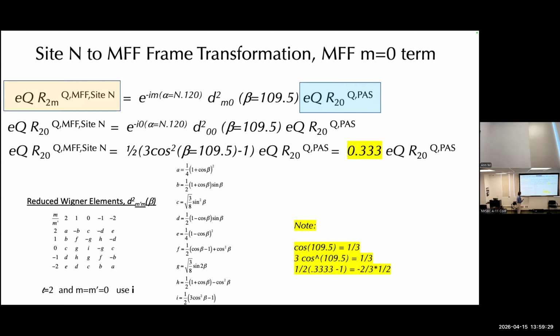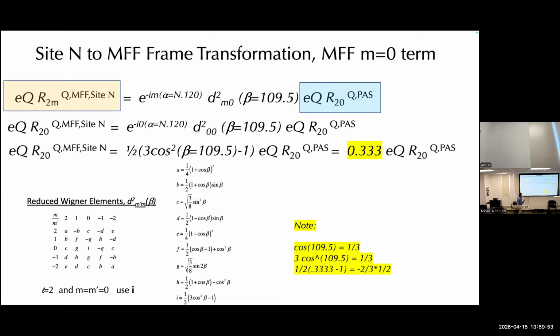Now, D2, if m equals 0, that's the 0, 0 term, I need to use the friend P2 cosine theta. So I just have to plug all that stuff in. And lo and behold, I get exactly 1/3 of the static value.